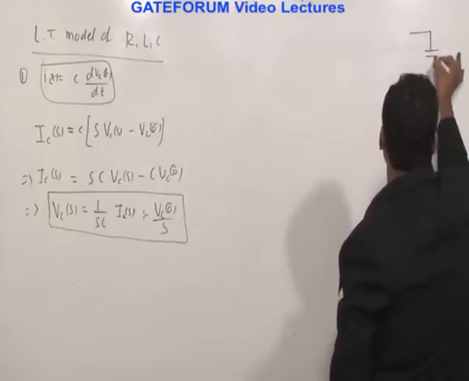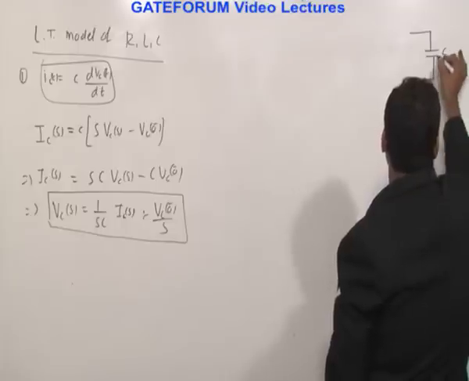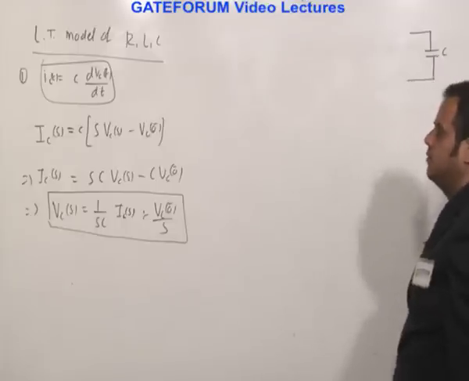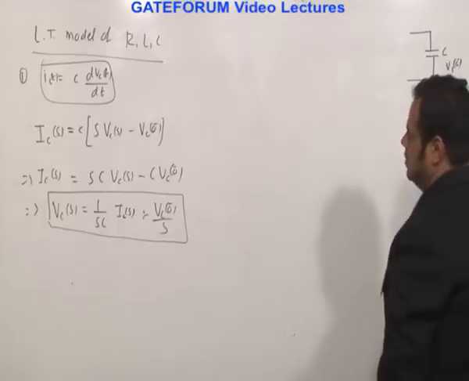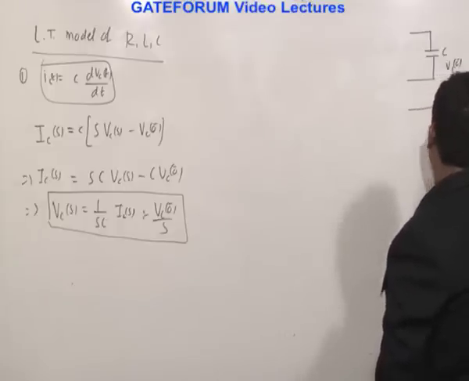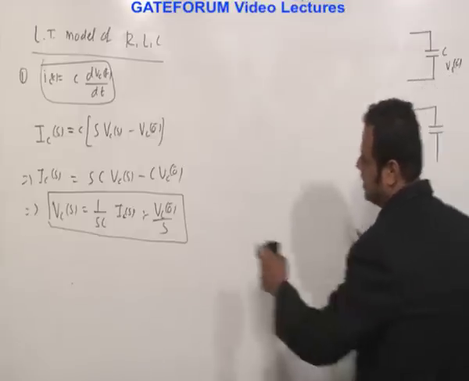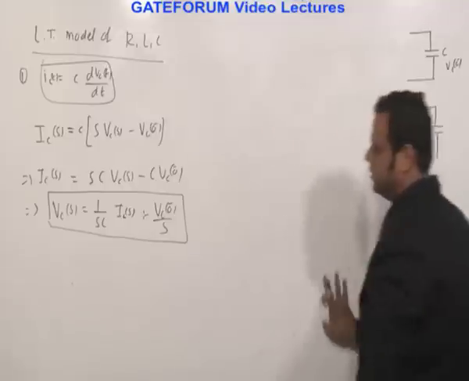So a capacitor which looks like this in the normal case has some initial condition Vc 0 minus. How it will look in the Laplace domain is this. Because of the first term, it is like some I into R kind of thing.